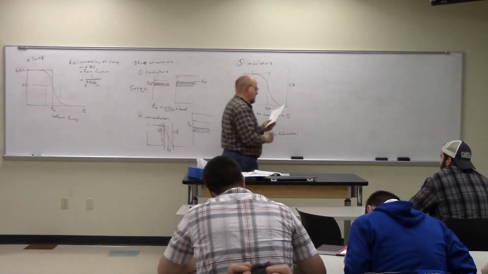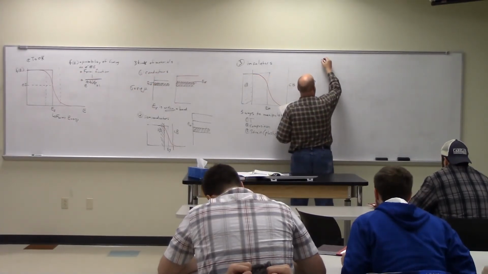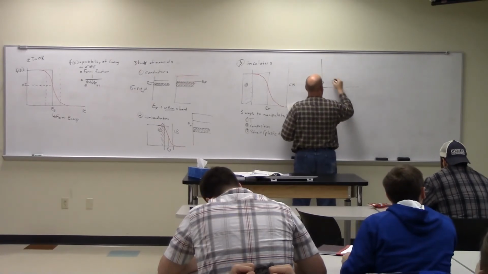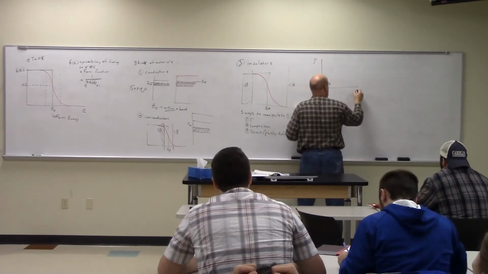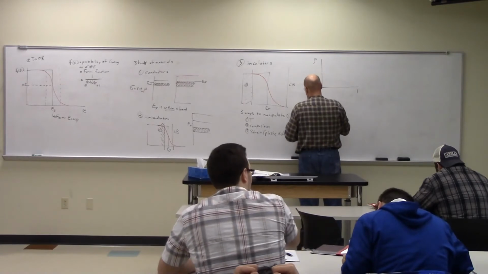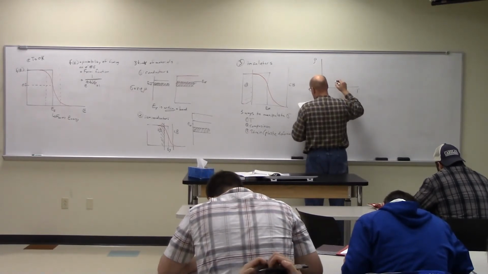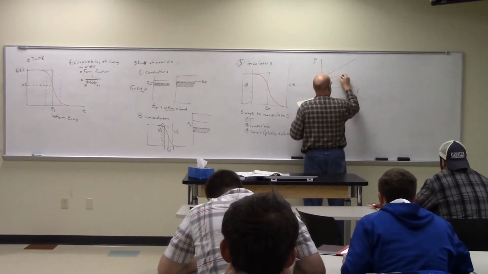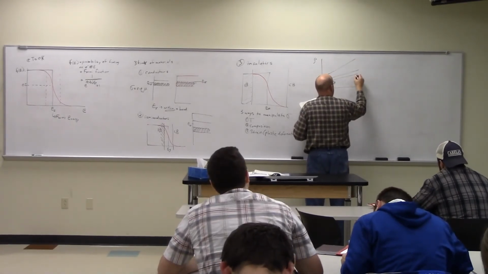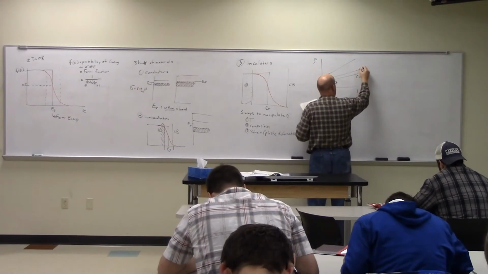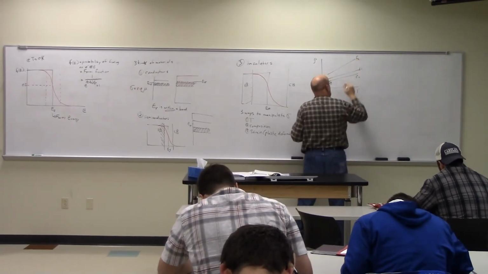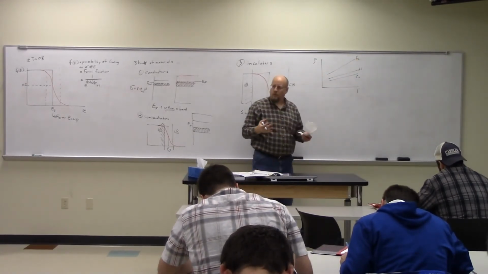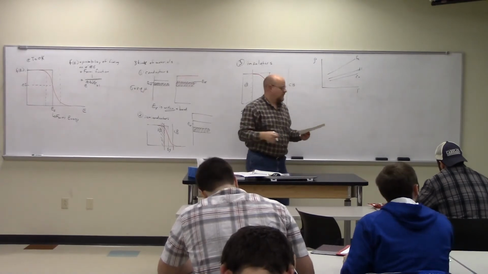So with temperature, in this case we're going to plot resistivity as a function of temperature. And we get something that looks like this. Copper is going to be the lowest one, then aluminum, and iron's up here, because copper is a better conductor than aluminum and has low resistivity.